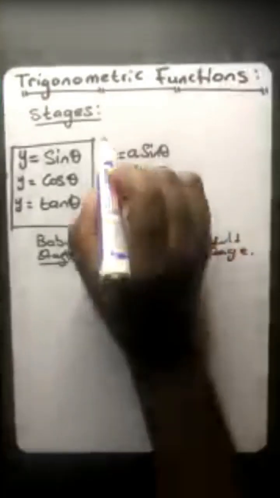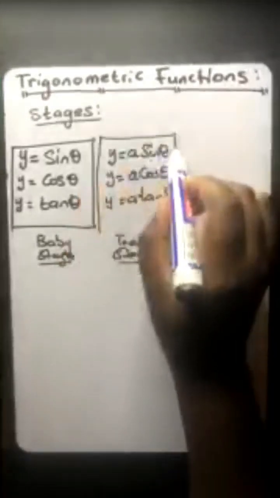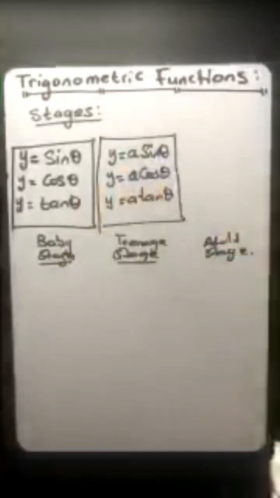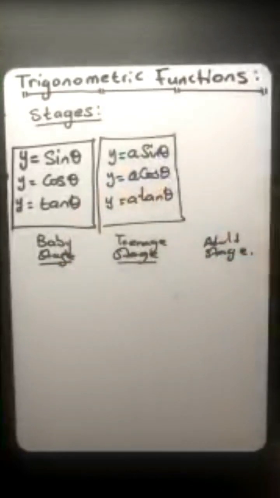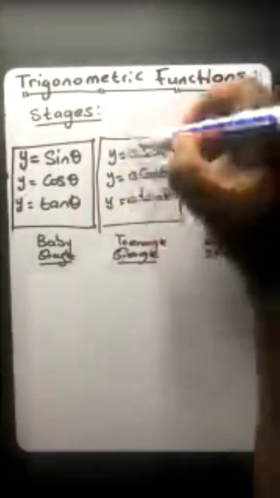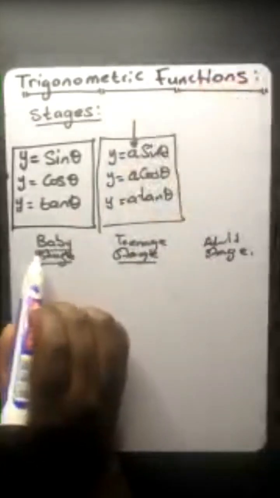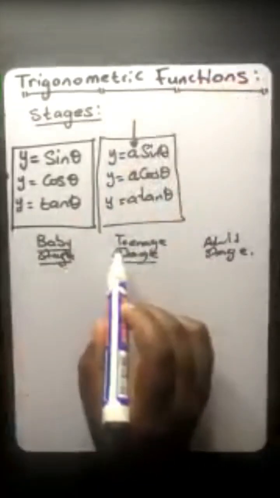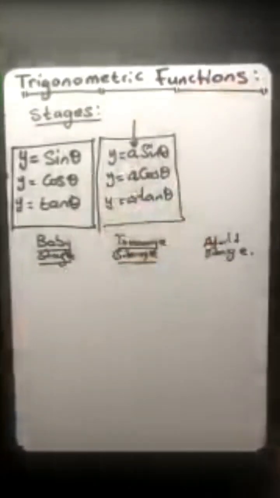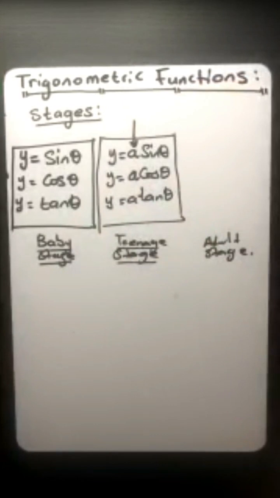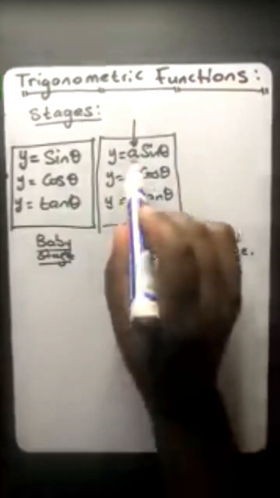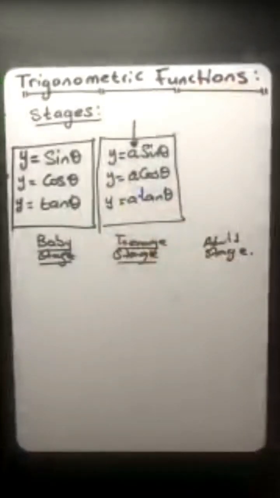I'm pretty sure you are able to notice the difference between a baby stage and a teenage stage. It's exactly the same as that, I just added that letter a. So as we go deeper, I will have to explain the impact of that a on your trigonometric function.